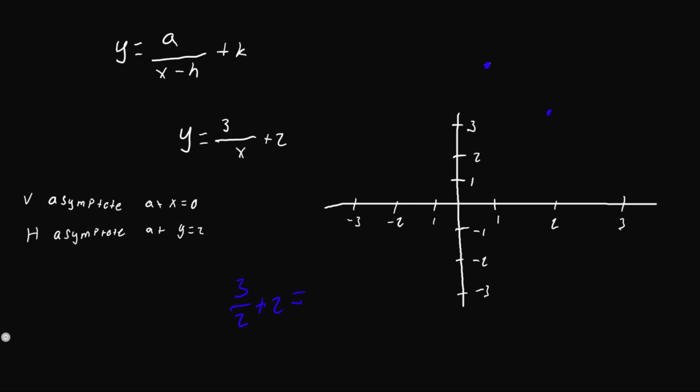And when x is equal to 3, it's going to be 3 divided by 3, which is 1, plus 2, which is going to give us exactly 3. So we can connect our points.